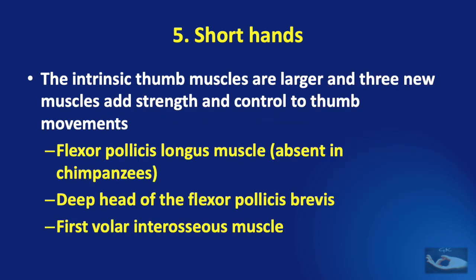We have seen that the evolved human hand had a longer thumb, but along with that, the intrinsic thumb muscles are larger and three new muscles add strength and control to thumb movements. The flexor pollicis longus muscle, which is absent in chimpanzees, the deep head of the flexor pollicis brevis, and the first volar interosseous muscle.